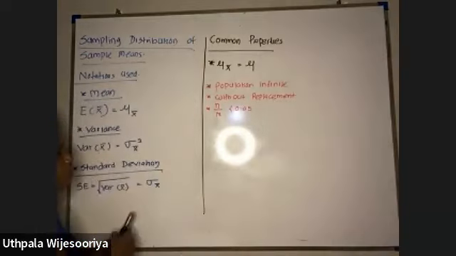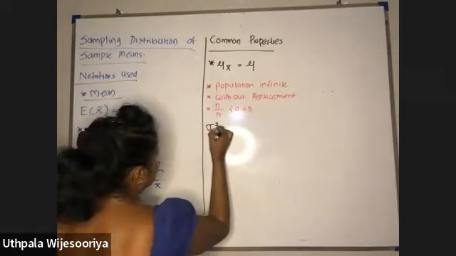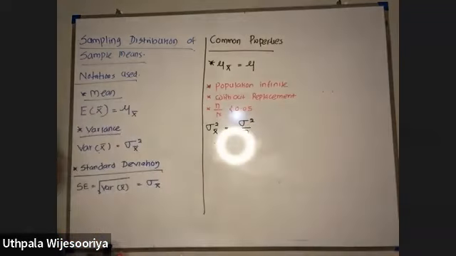So what will happen? The variance, sigma square X bar, is equal to the population variance divided by sample size.